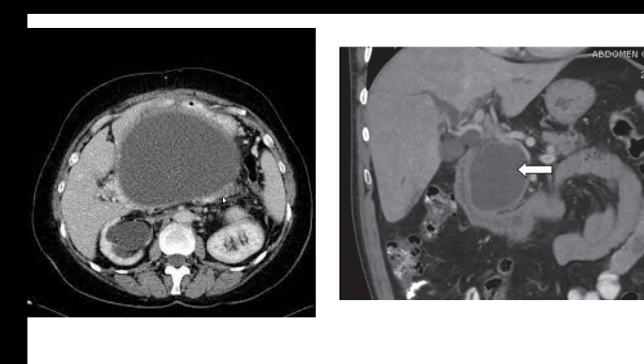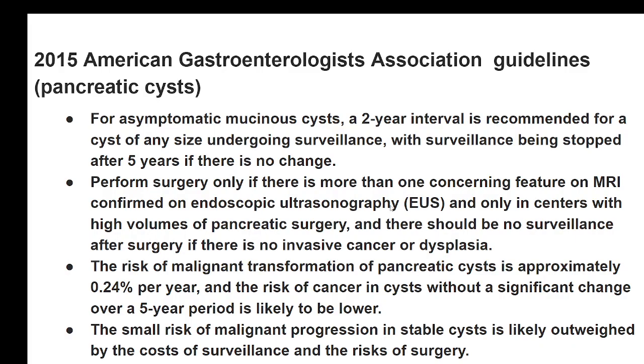CT gives you a very clear idea about the real thickness of the wall of the cyst and the consistency of the fluid, like whether there is a necrotic substance or not. A necrotic substance would be seen with a debris-like appearance, whereas in the absence of necrotic substance, a typical pseudocyst would have a clear fluid, and the consistency of the shadow would be uniform. So CT is a better diagnostic tool.